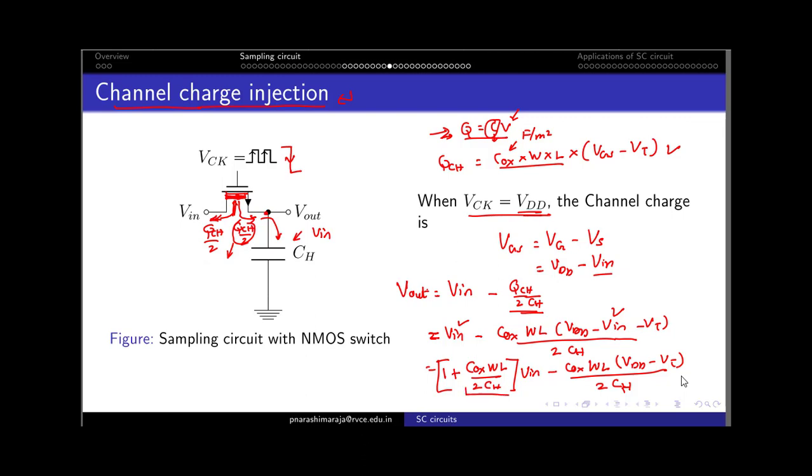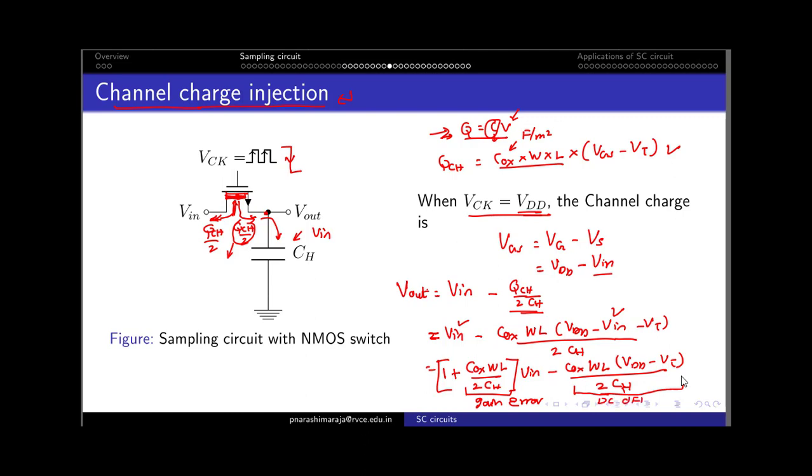The first error is named the gain error, because it disturbs the ideal value of the output voltage, which is supposed to be our Vin, but rather than this Vin we also have some extra term that is getting added. That's the reason why it is termed a gain error. And the second term represents a constant DC offset error.